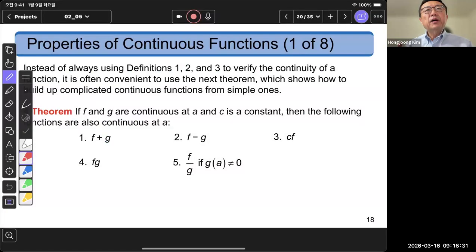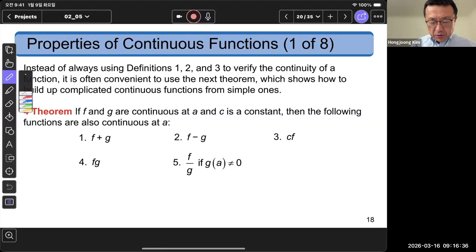Now, suppose I have two functions, f and g, and these two functions are known to be continuous at point a, and suppose that c is any constant. Then when you add or subtract one function from the other, or when you multiply those functions, or when you consider the quotient, the resulting function will still be continuous at point a.